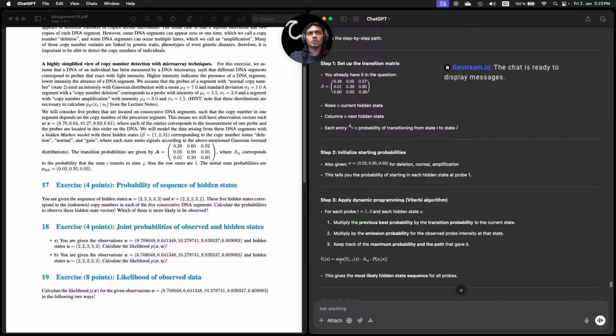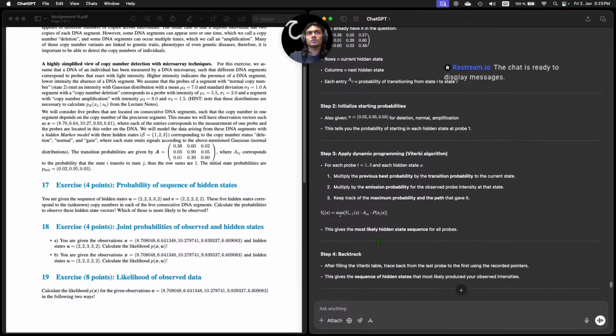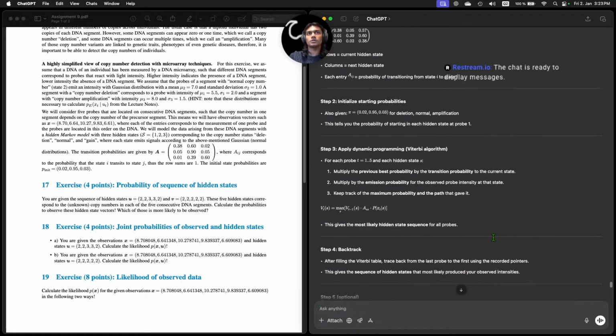Viterbi algorithm. For each probe and each hidden state S, multiply the previous best probability by the transition probability to the current state, multiply by the emission probability for the observed probe intensity at the state, and keep track of the maximum probability and the path that gave it. This gives the most likely hidden state sequence of all probes.